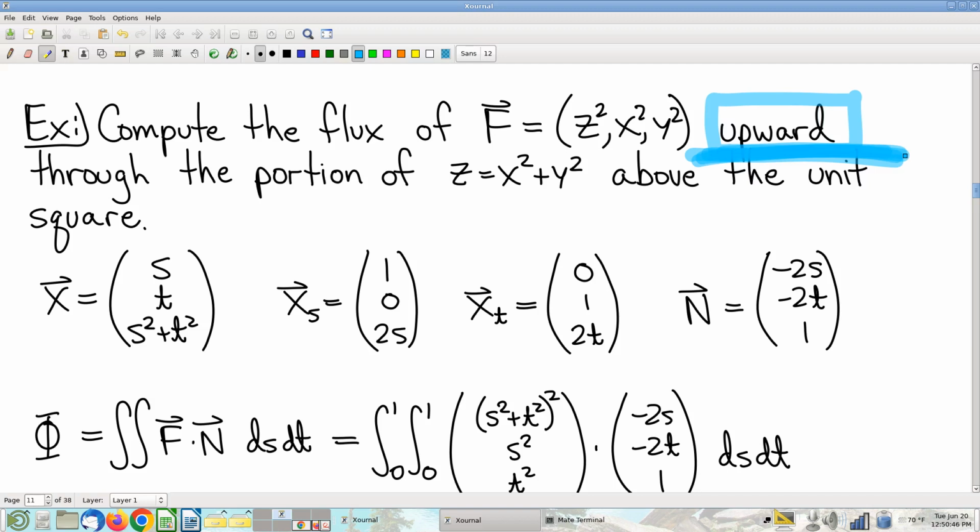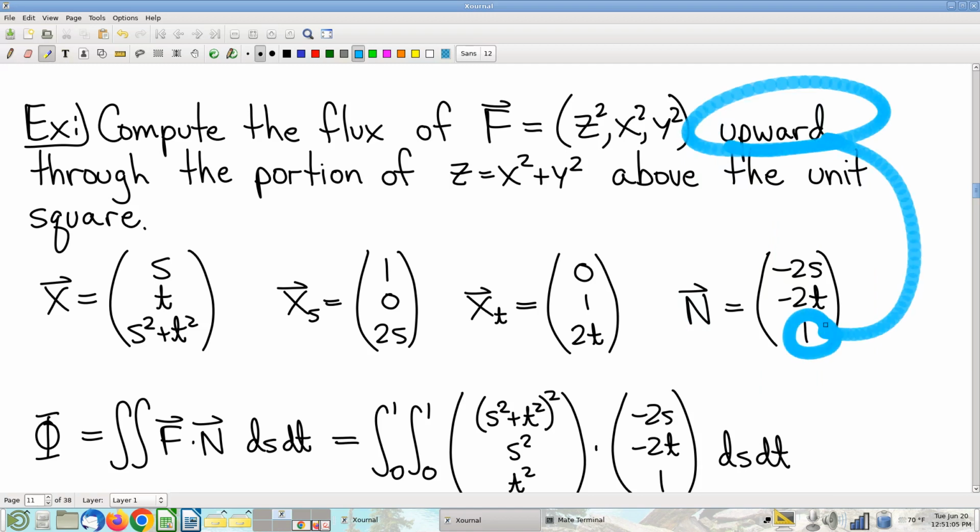But when you're talking about orientations, language is allowed a certain amount of flexibility, because otherwise there's no word to describe exactly what direction this points. And so in particular, what makes this upward is the fact that if you look at the third coordinate, that third coordinate is positive, which means this capital N vector could be pointing something like this.